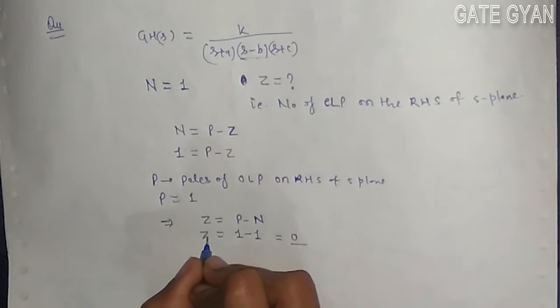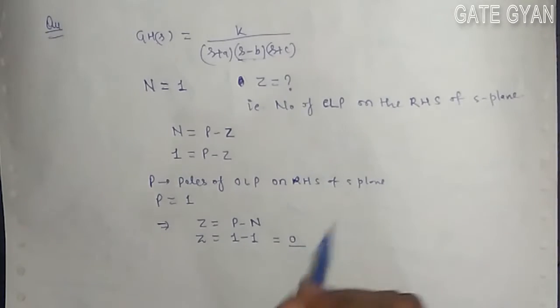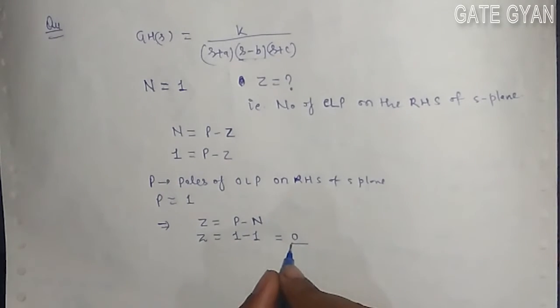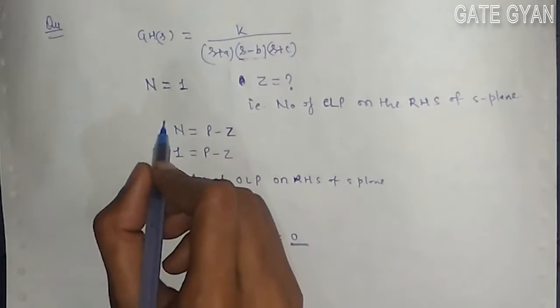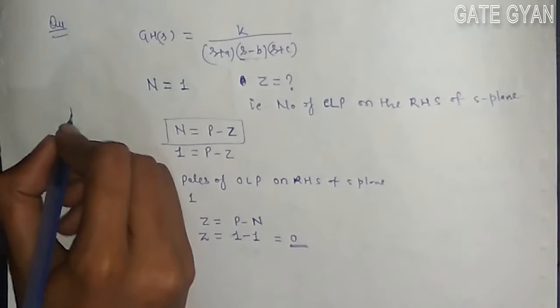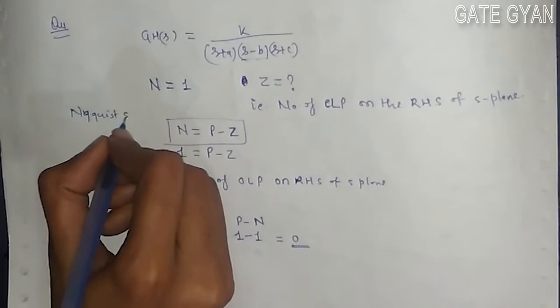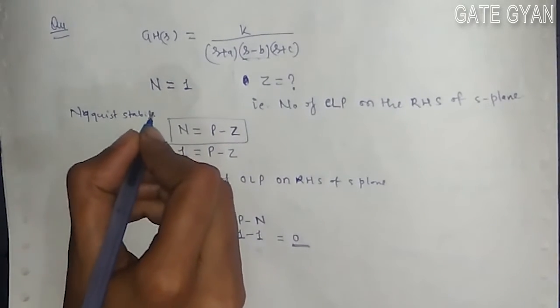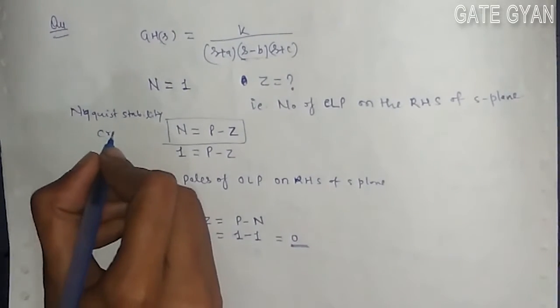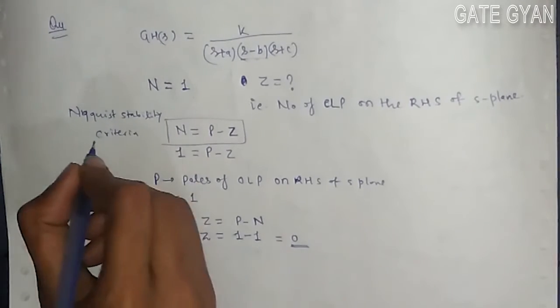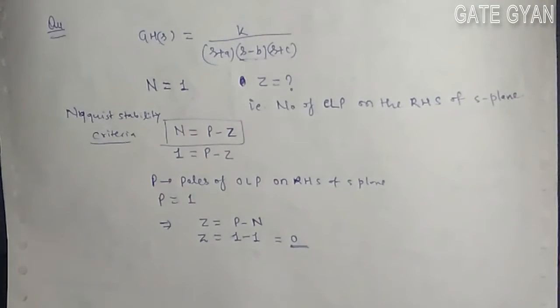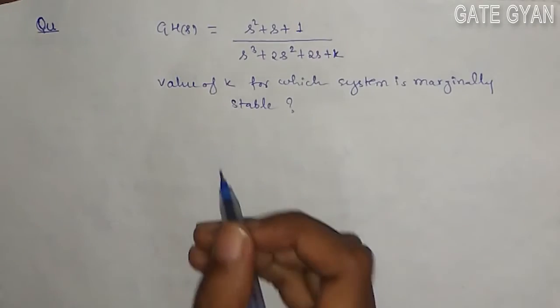So the number of closed loop poles on the right hand side is going to be equal to 0. This is on the basis of Nyquist stability criteria. So we will get our answer as 0.